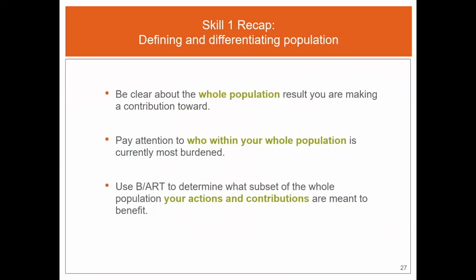Are you in the habit of paying attention to who within your whole population is currently most burdened, and really thinking about what, in addition to what you might already be doing, you might need to do to ensure they experience equitable results? And what do you think would happen if you used BIART to be really clear about your role, where your authority comes from, to determine what subset of the whole population your actions and contributions are meant to benefit, and then being willing to be on the line and accountable for whether that happens or not?